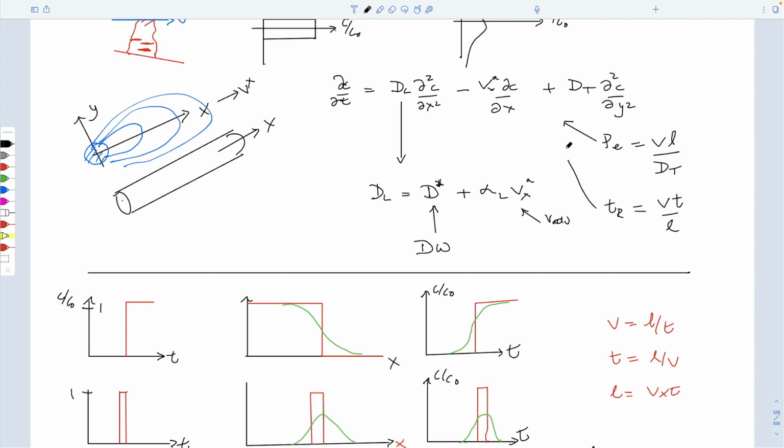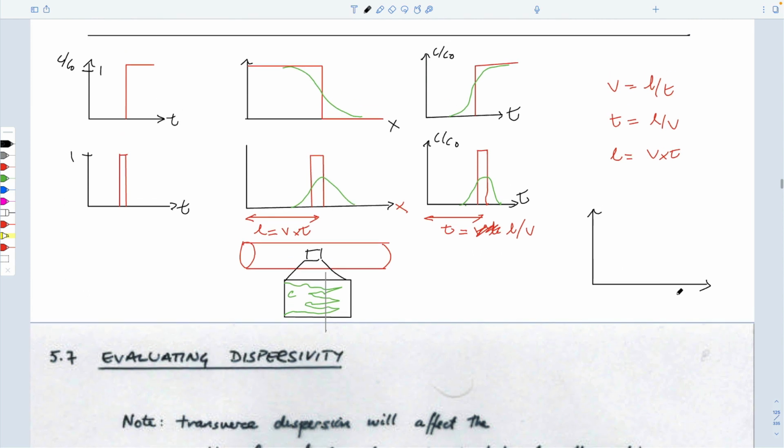And so we could convert this equation using Buckingham pi and all those good things, and we could plot these two curves on the right hand side, which of course are residence time distribution curves.